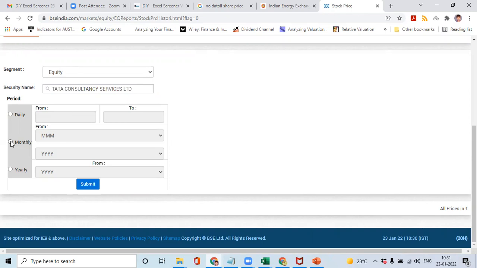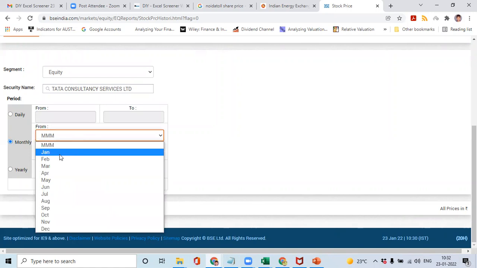The reason that I came to BSE is it allows you to download very long-term data, and you can choose daily, monthly or yearly data. These features are not available in NSE.